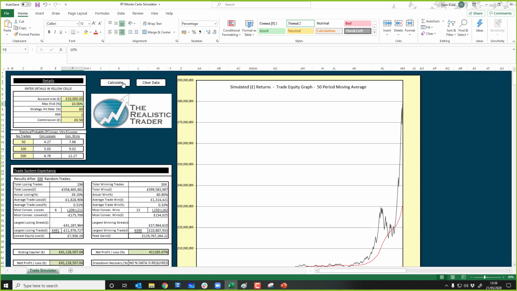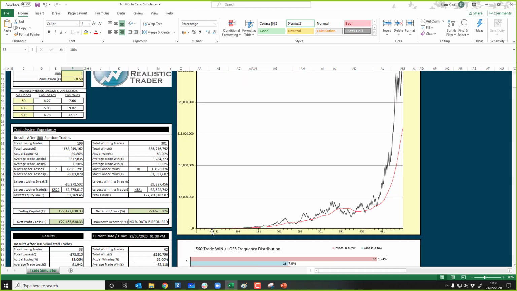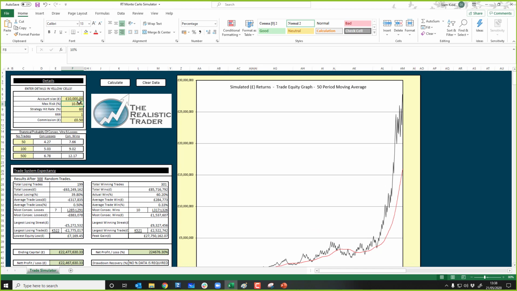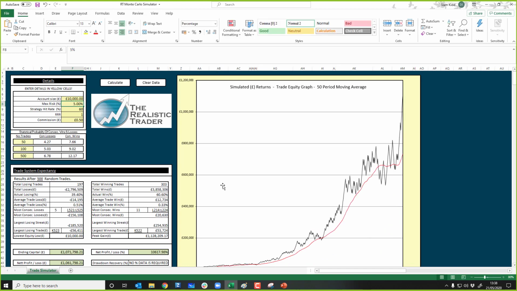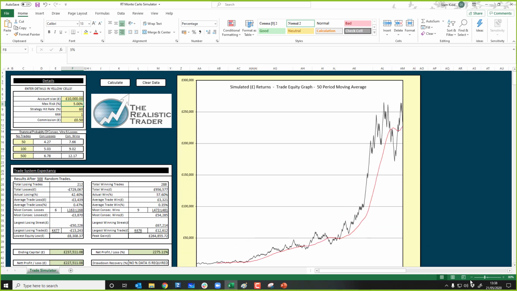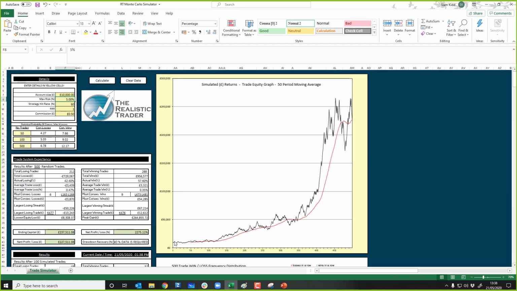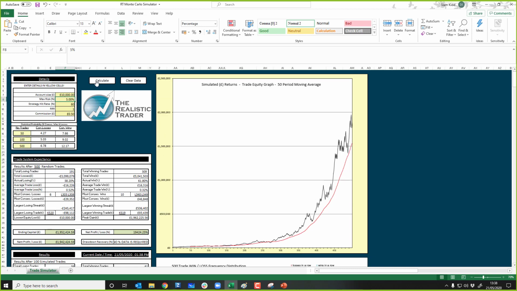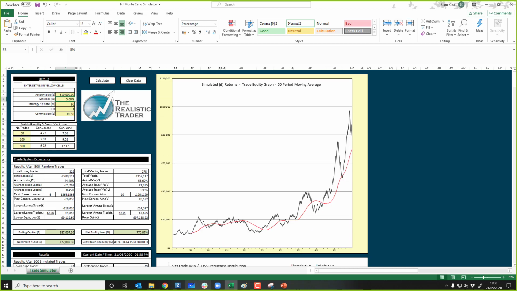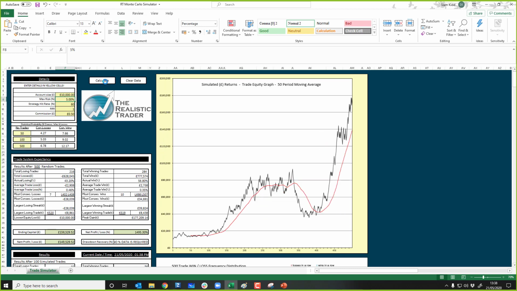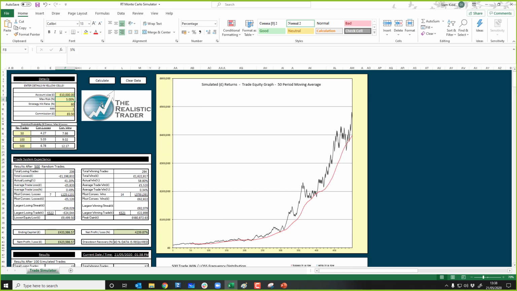It's just annoying that it's skewed it this far, it's just showing silly numbers now. But if you can zoom in, you'll see that some of these will have a bit of a losing streak.